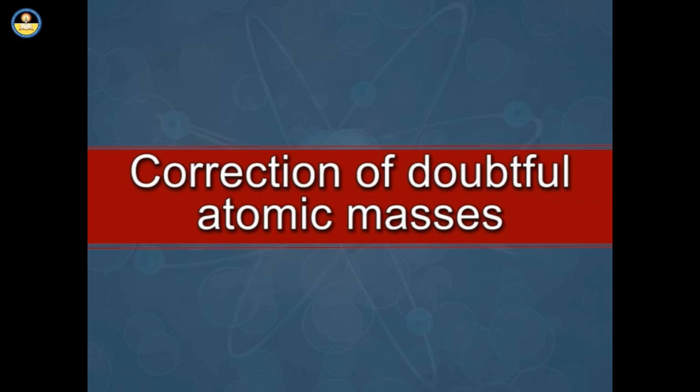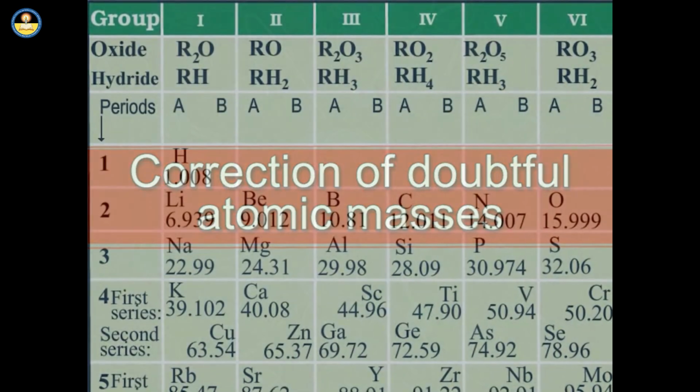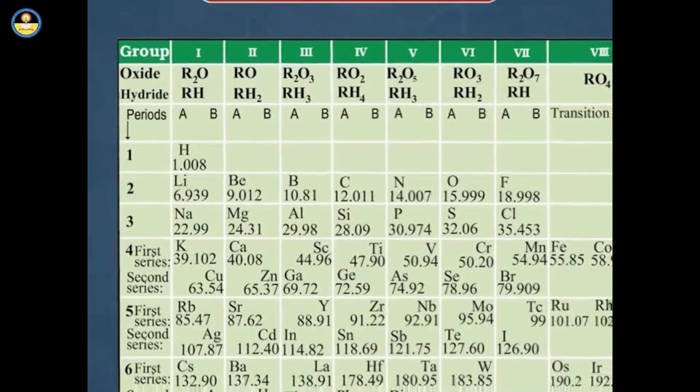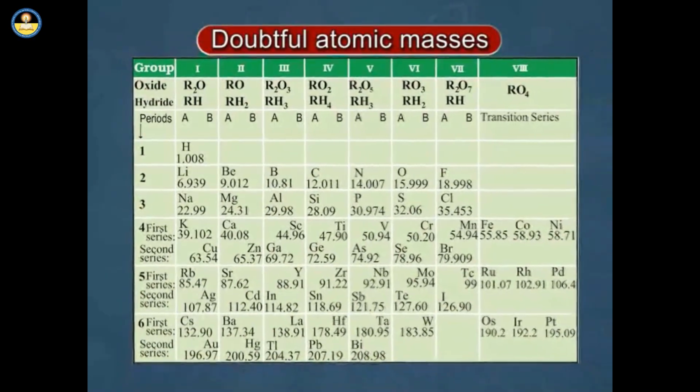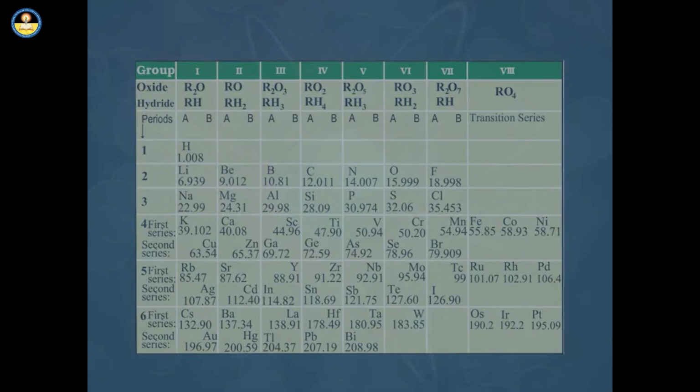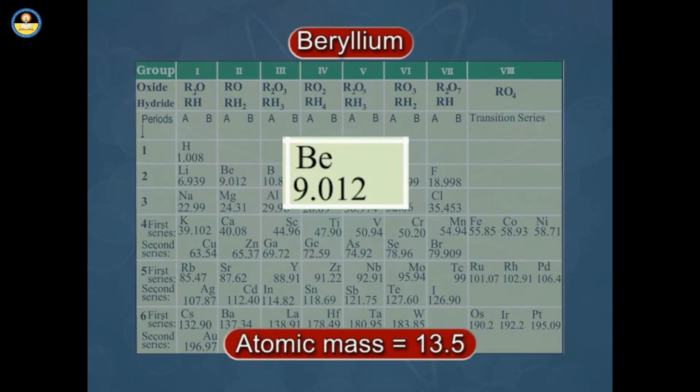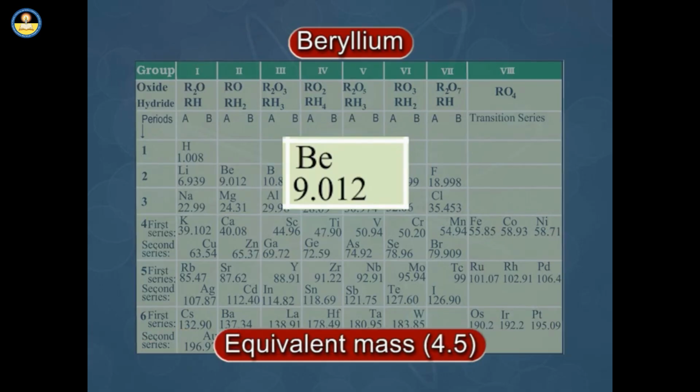Let us now learn about correction of doubtful atomic masses. Mendeleev's periodic table helped in correcting the doubtful atomic masses of some elements. For example, beryllium was assigned an atomic mass of 13.5 on the basis of its equivalent mass 4.5 and valency, which was wrongly calculated as 3.